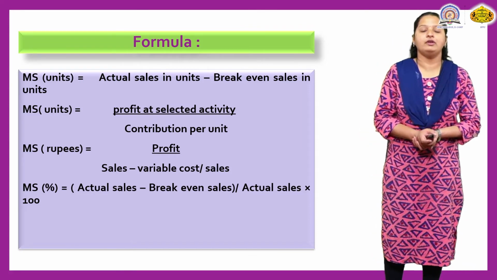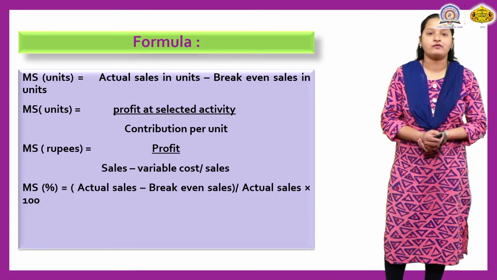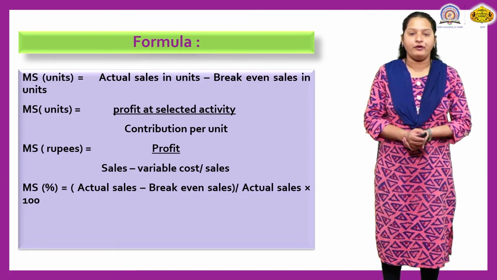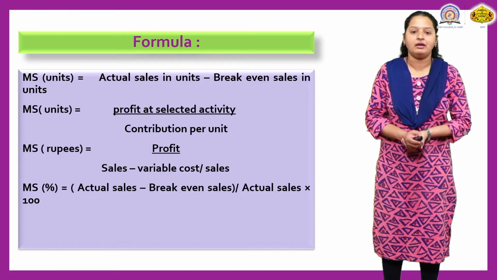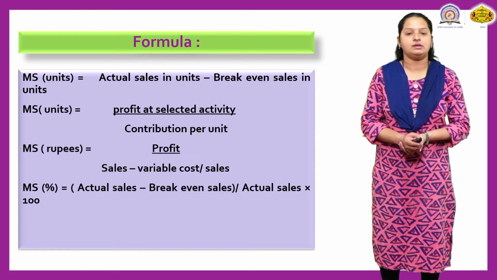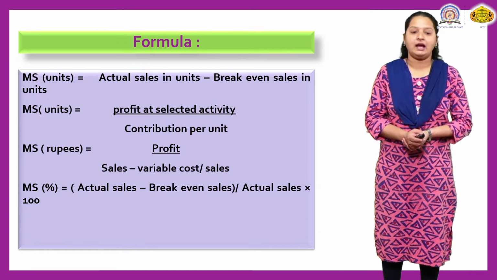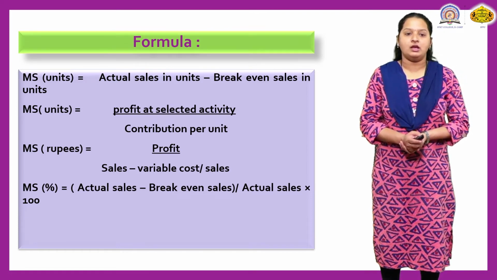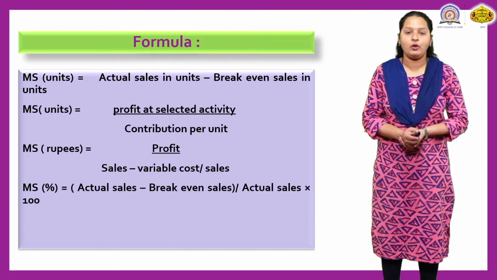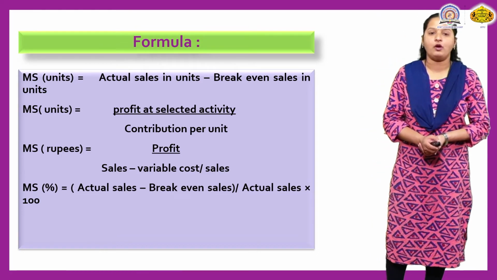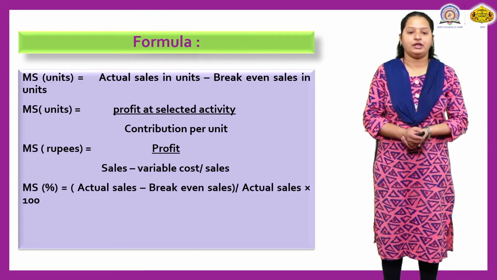The third formula is associated with margin of safety in rupees: profit upon sales minus variable cost upon sales. So, there are formulas for calculating MOS in units and rupees, and another one for calculating MOS in percentage.